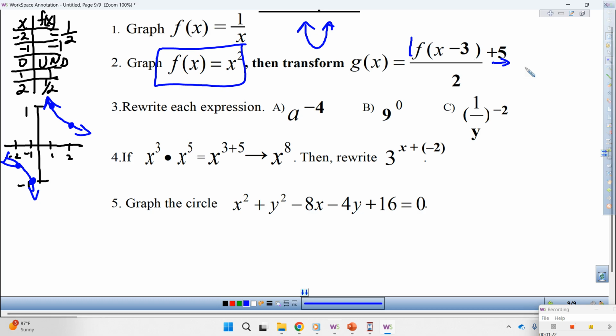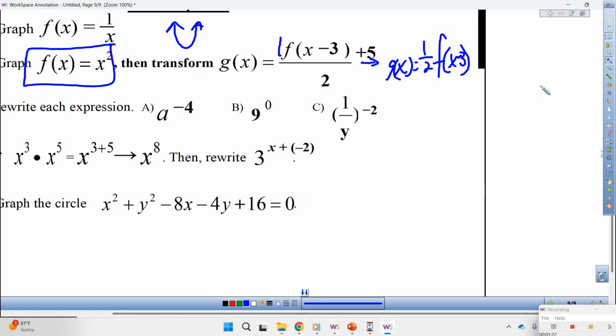This becomes g of x equals 1/2 f of x minus 3, plus 5, and that's squared. So according to this, what's going to happen to that?